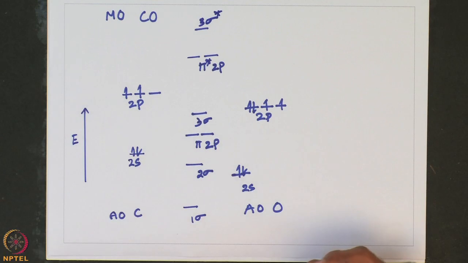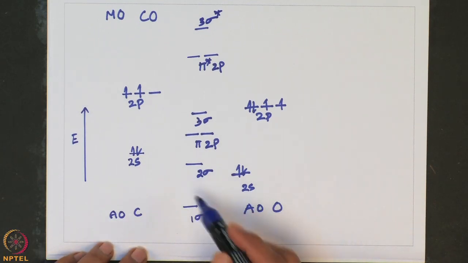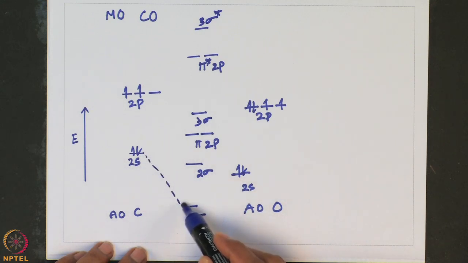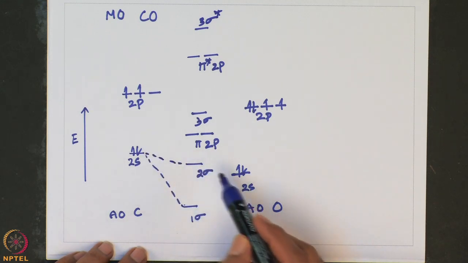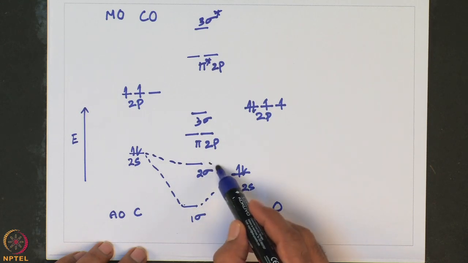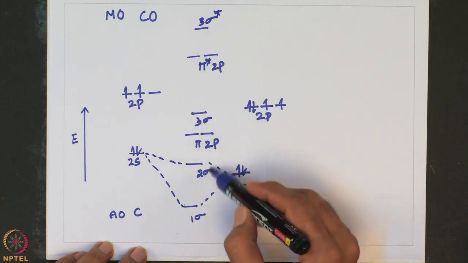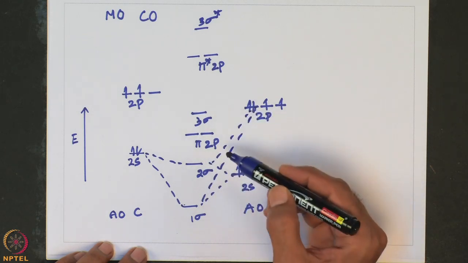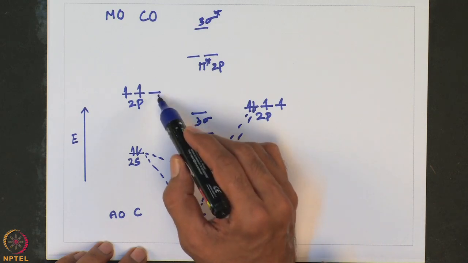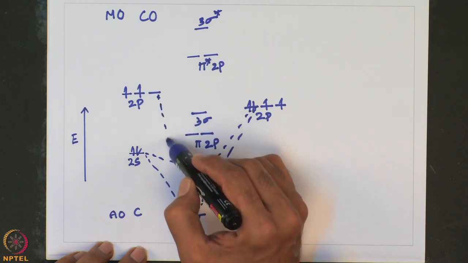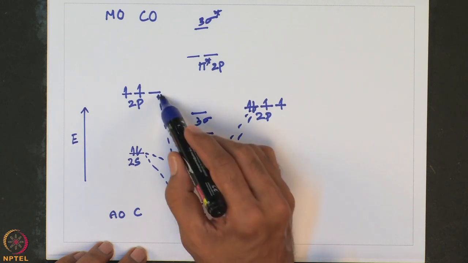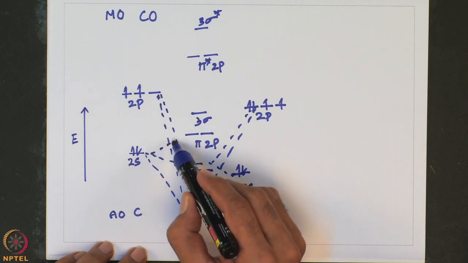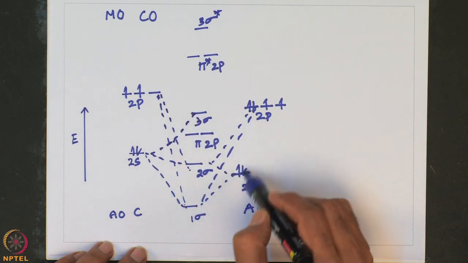So, this is another way of representing. Now, these two have to be connected here, and then this also gets connected to this one, and this also shows connection with both. And then this also shows connection with this one.